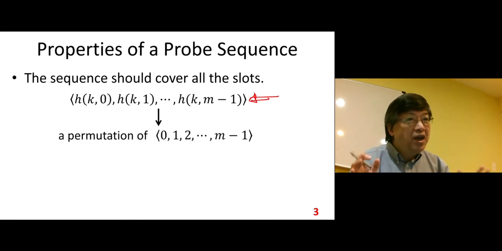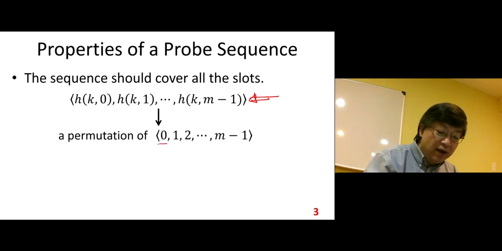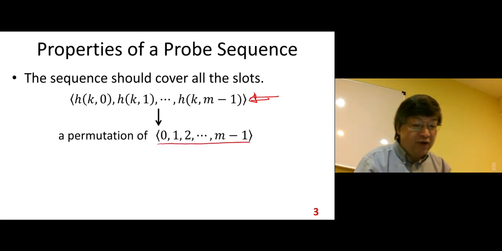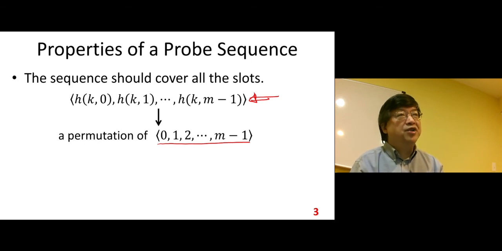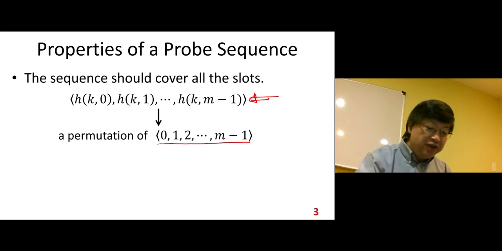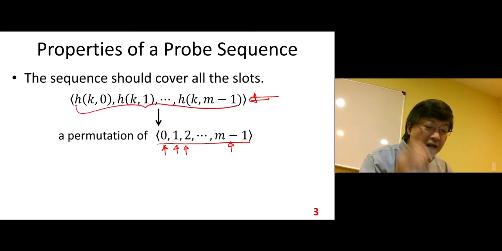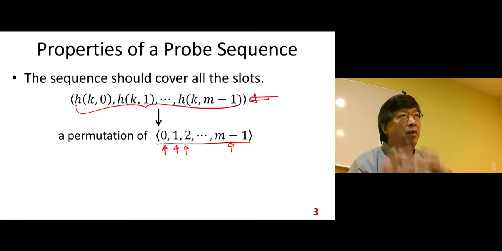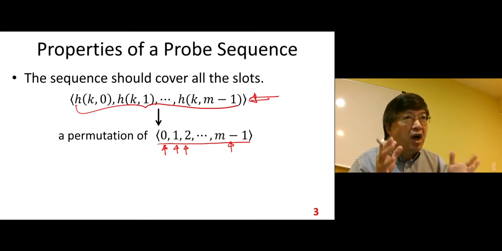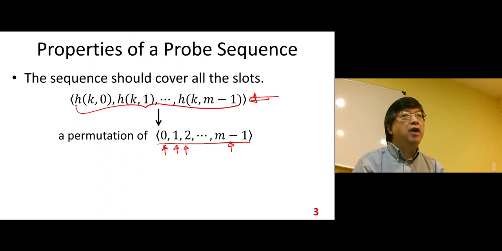It is a permutation of these numbers from 0 through m-1, because these numbers correspond to the slot numbers. So your probe sequence basically is just a permutation of the m slot numbers. So that's our understanding, the view.